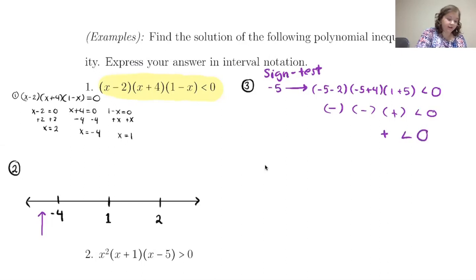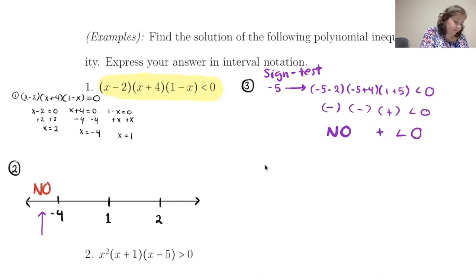And if we ask ourselves, is a positive number less than 0, then we'll know that our answer is no, it's not. So this one is a no. So this interval is not included, so it's a bad one. So we're not going to shade that part. We're just going to leave it alone.